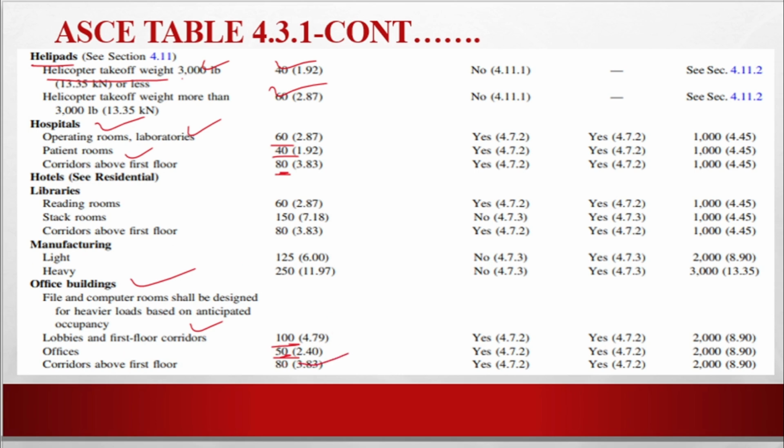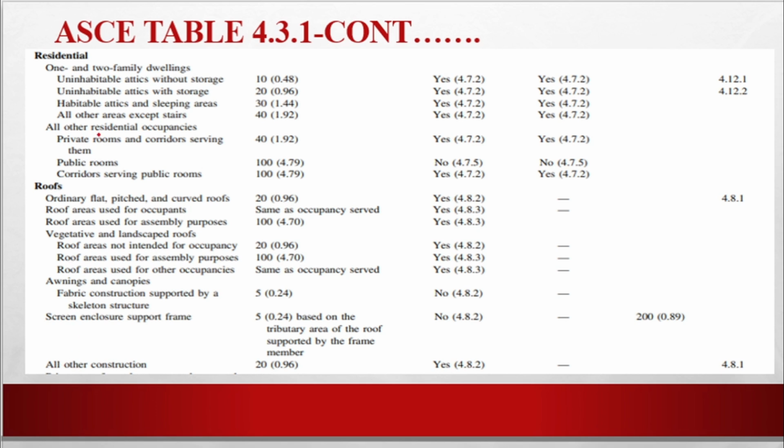Similarly, for residential buildings and roofs, you can see it is normally from 10 to 40 psf. These are the live loads we will consider depending upon the use of the structure, the use of the area. For roofs, normally we consider 20 psf.